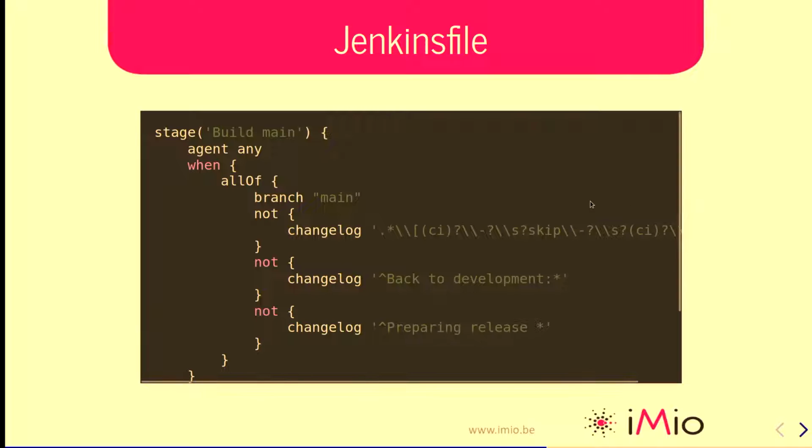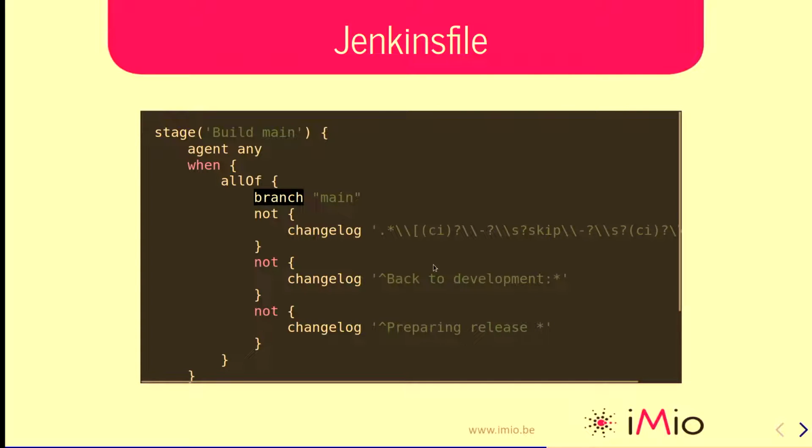So in the Jenkinsfile, there are a lot of stages. For example, here we can see the build of the main branch. Sorry, it's a main branch.